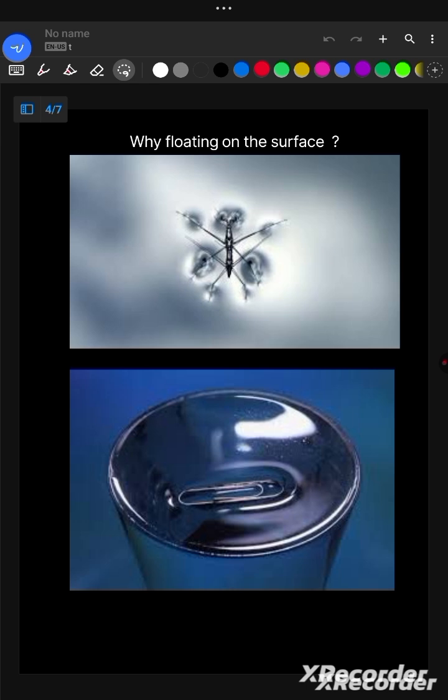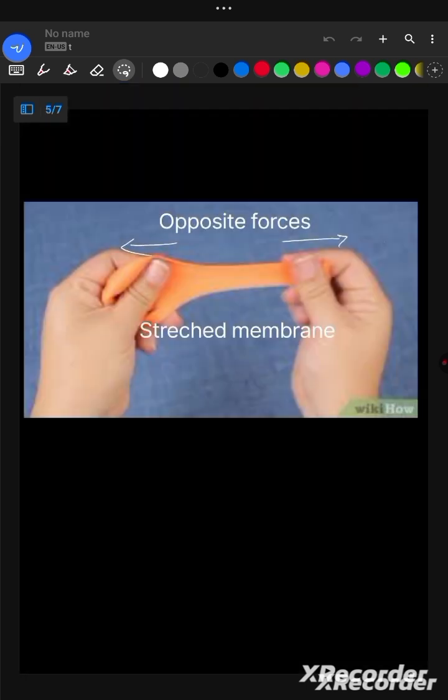To understand this, let us take up a model. Here it's a balloon and it's being stretched by applying opposite forces. As you can see, force is being applied in this direction, and force is being applied in this direction. Therefore, two opposite forces are acting on this balloon.